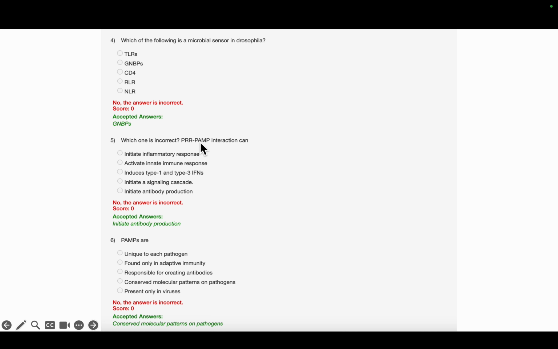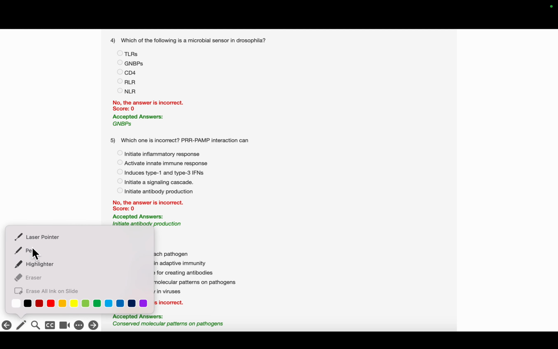This interaction alone can't directly initiate antibody production. There will be other cascade mechanisms, then induction and differentiation of B cells, and only after that antibody production will be done. So the incorrect answer is this.